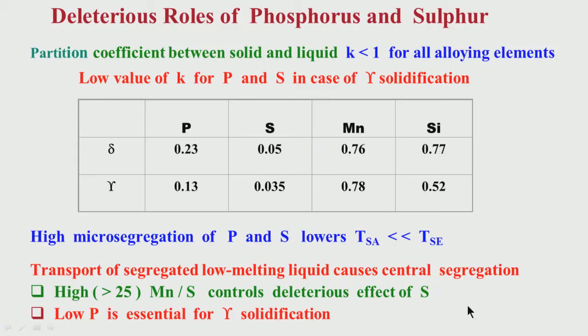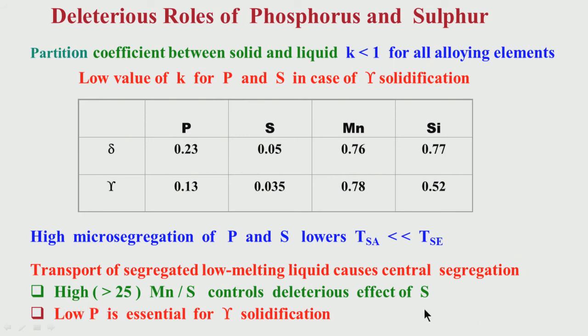So, the deleterious effect of sulfur, why is it deleterious? Because it forms low melting iron sulfide. So, if you have higher amount of manganese by sulfur ratio, then manganese sulfide will form and not iron sulfide, and in this process the deleterious effect of sulfur will be taken care of to a large extent. But unfortunately for phosphorus, there is no such element which can take care of this element phosphorus.